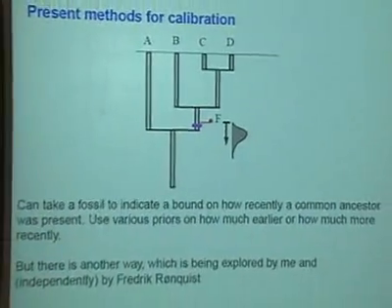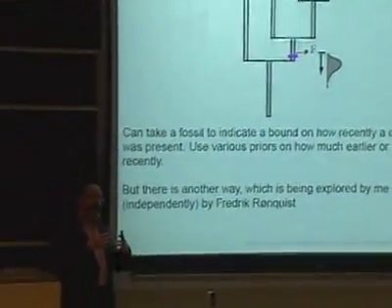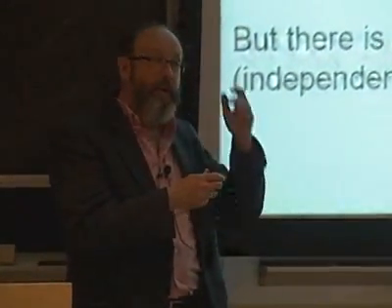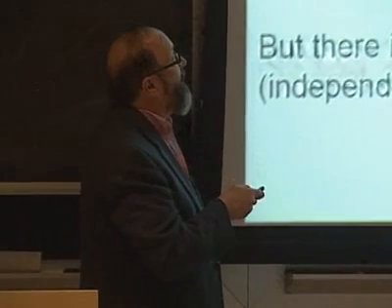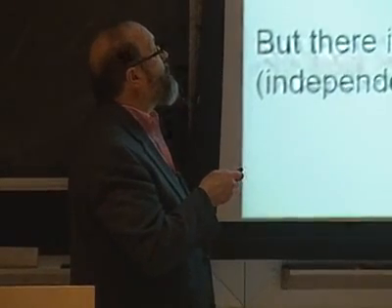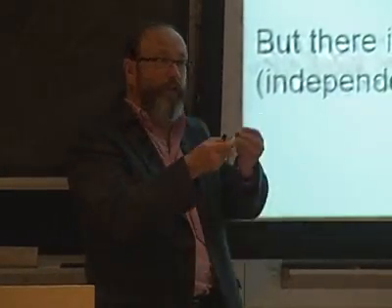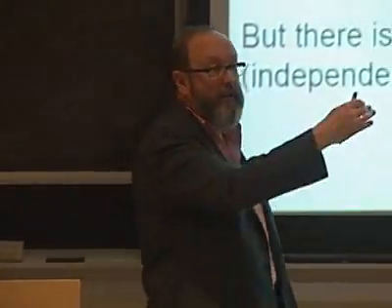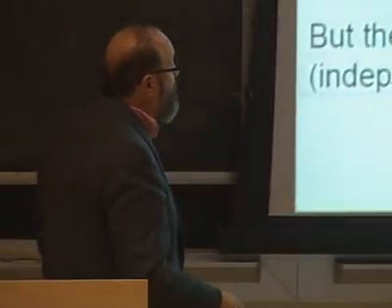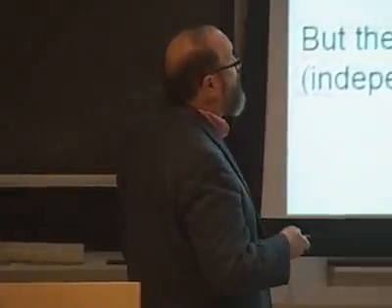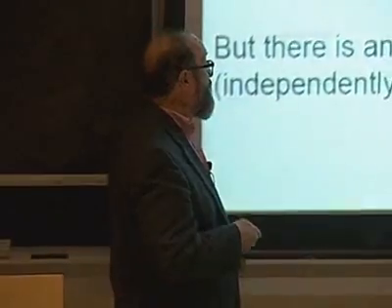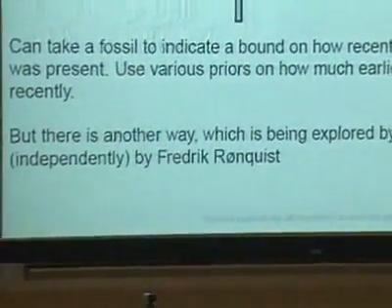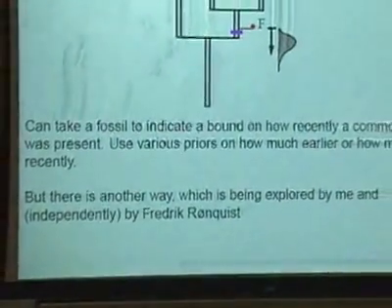So there's a kind of machinery out there that people are using, using synapomorphies to try to figure out which branches fossils connect to, and then using various kinds of prior distributions to try to figure out how long they evolved on their own after coming off of that branch before you got to see the fossil. Those are interesting methods, but there is another method that Frederik Ronquist of the Natural History Museum in Stockholm is developing, and I've been developing it too.